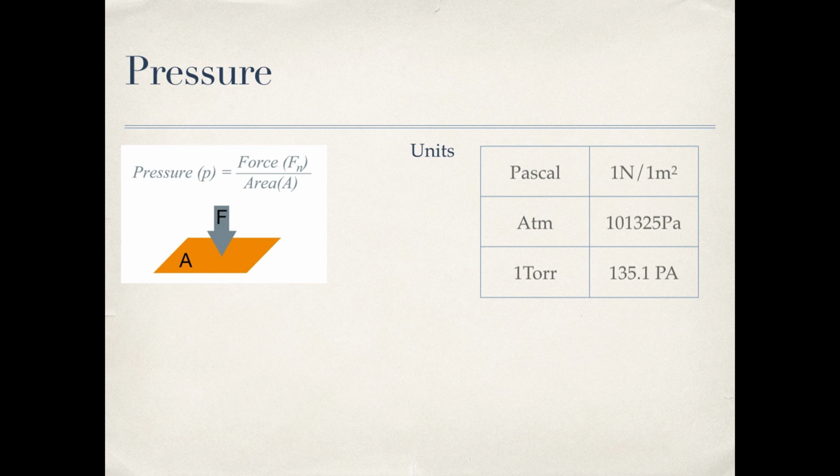That is a unit in which people measure the pressure exerted on the surface of the earth by the air contained in our atmosphere, and as you see, it's a huge number in pascals.